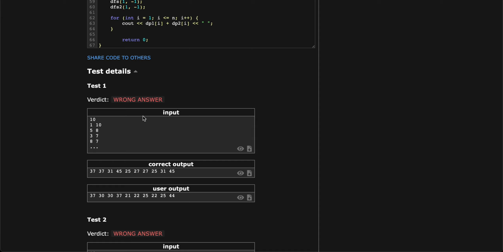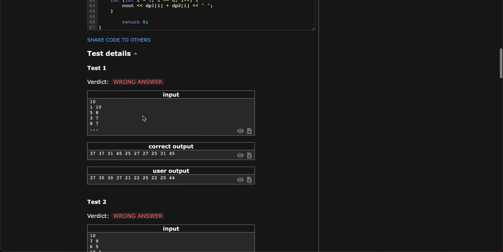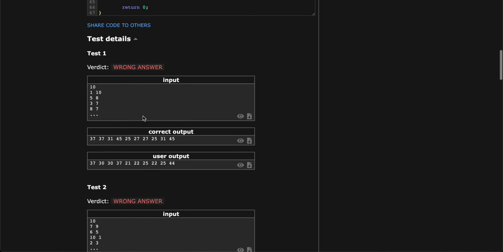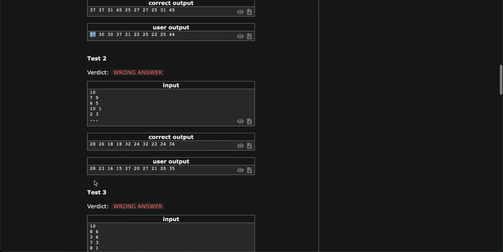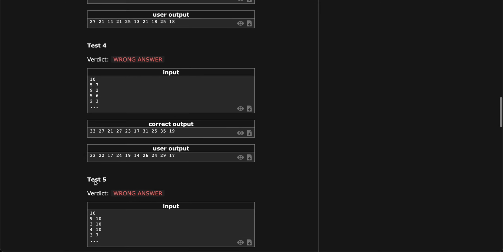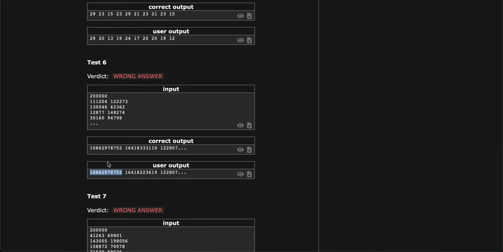Will it be dp1 plus dp2 or something else? dp2 is due to the parents. At least one should match, right? Because 1 is my parent, so for 1 it should match 21, 21, 27, but for other values it is not matching. That's the problem.